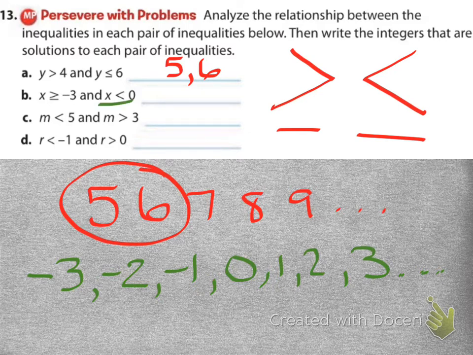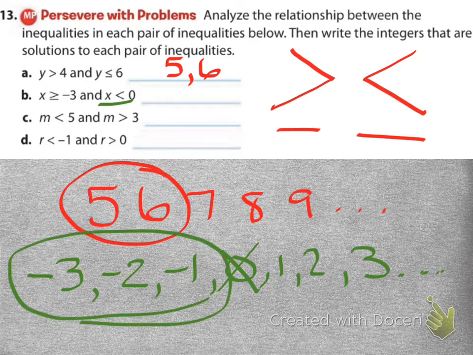But the next part says that it's going to be less than 0, not equal to 0. So I'm going to right now say 0 is not included, but it's got to be less than. So these are the numbers in my number set that I already started writing that are less than 0, not equal to. So my numbers are going to be -3, -2, and -1.